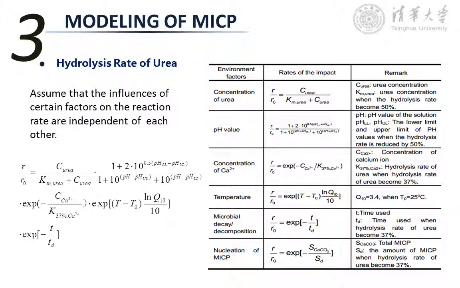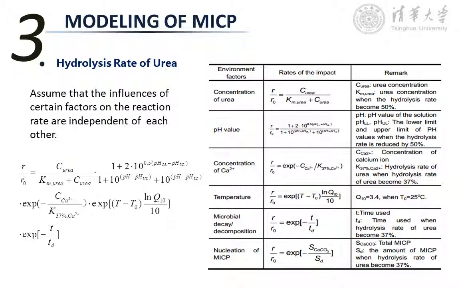And the third part is the modeling of MICP. The factors that affect the hydrolysis rate of urea in porous media include concentration of urea and calcium ion, pH value, temperature, aging of microorganisms, and insulation of nutrients by calcium carbonate crystals.